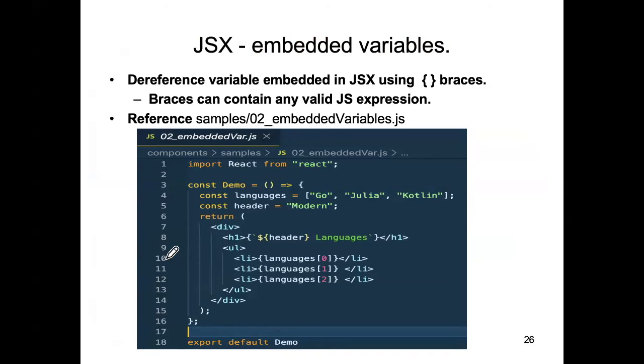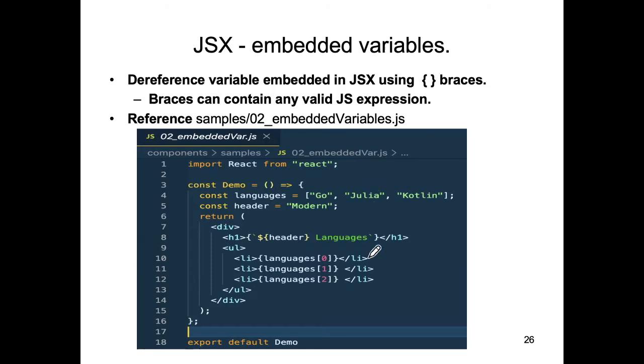And the syntax that you use is you wrap the variable. In fact, it can be more than just a variable reference. It can be an entire expression. If you wrap it in curly braces within your JSX syntax, then whatever is inside the curly braces will be evaluated, and the result of that evaluation will be inserted into your overall output JSX, if you like.